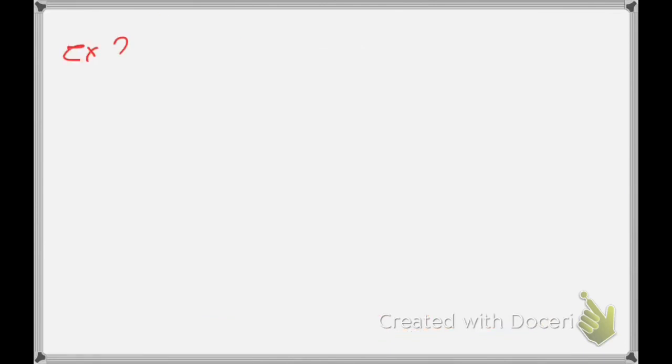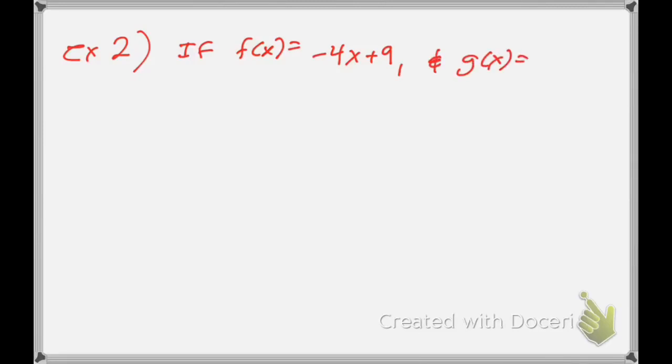Example 2, let's say f of x is equal to negative 4x plus 9, and then we'll take g of x is equal to 2x minus 7 again.